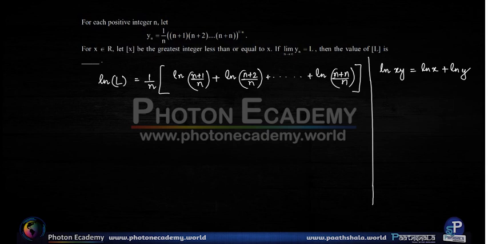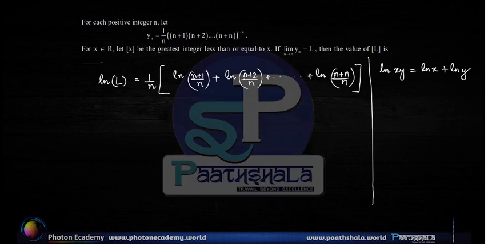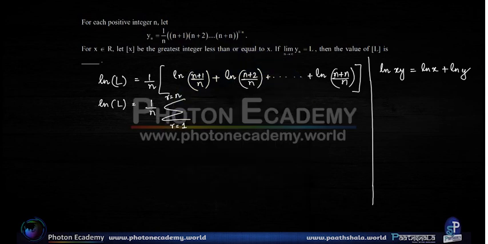This can be written in the form of a summation as we were discussing. So it can be written as ln L is equal to 1 by n summation r is equal to 1 to r is equal to n ln((n+r)/n).